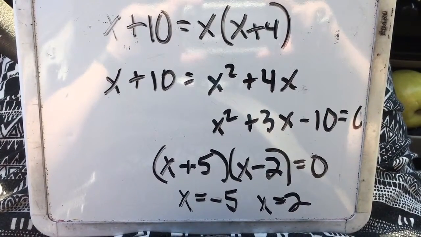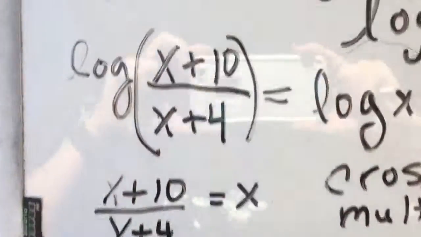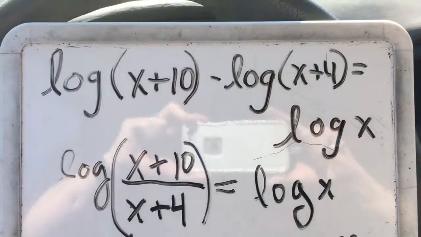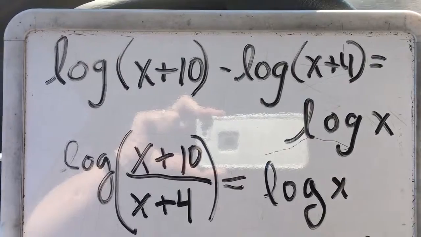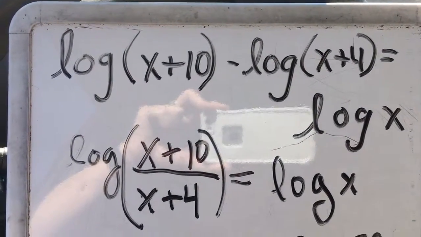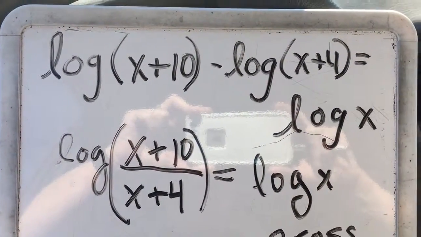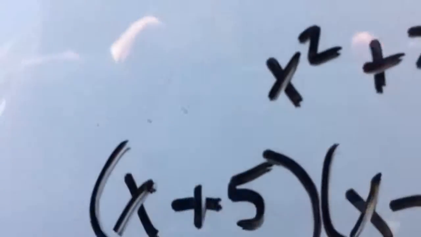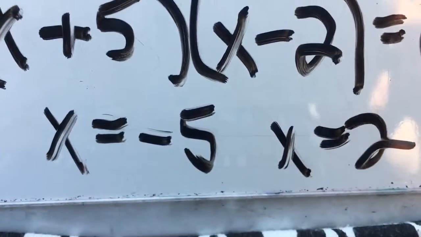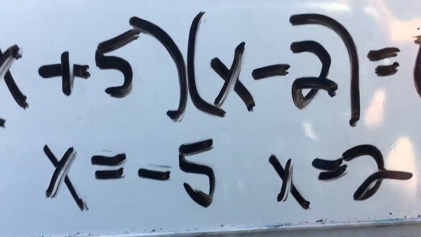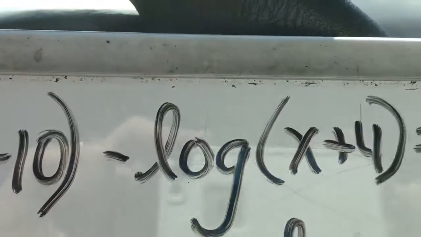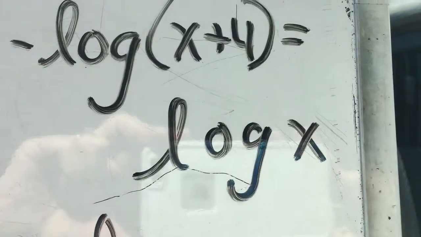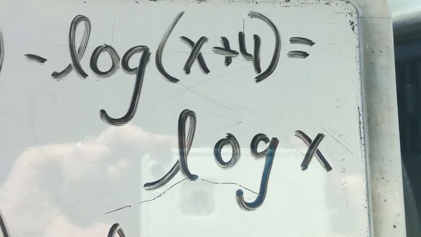But now I have to plug both of those back into the original statement. Remember, the argument of a logarithm cannot be negative. So basically, the negative 5 has to be discarded because it makes the second log in the function and the log x both go negative.